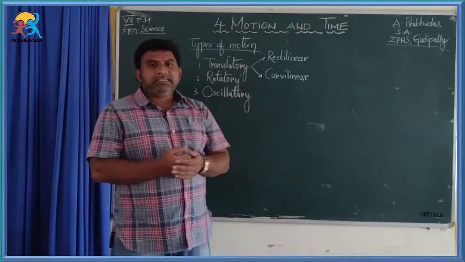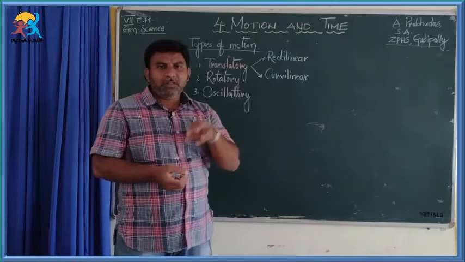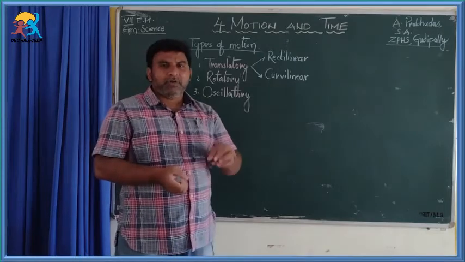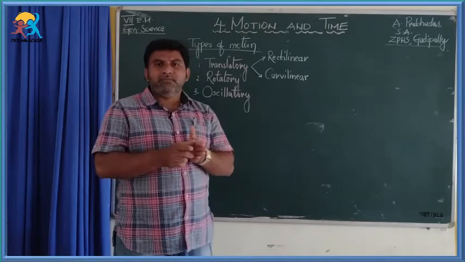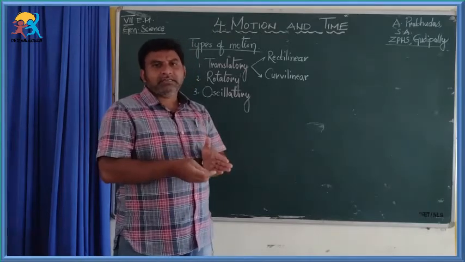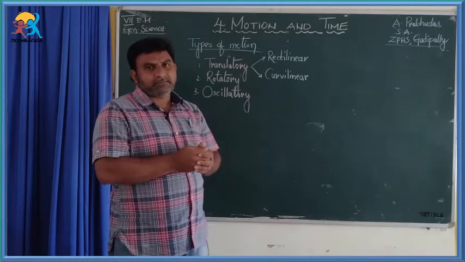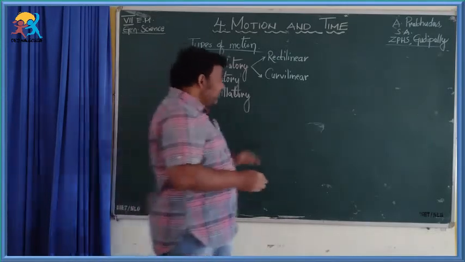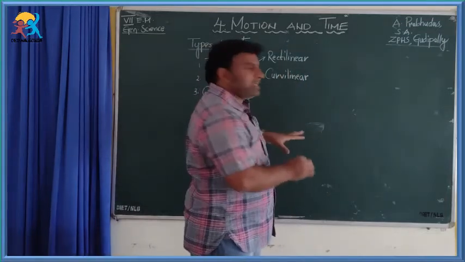A body is said to be in translatory motion if all the parts or all the particles present in the body move along the direction of motion. So, here you can understand this concept by a simple example.